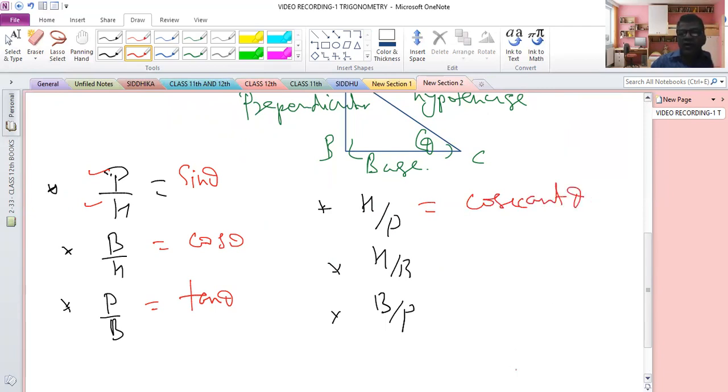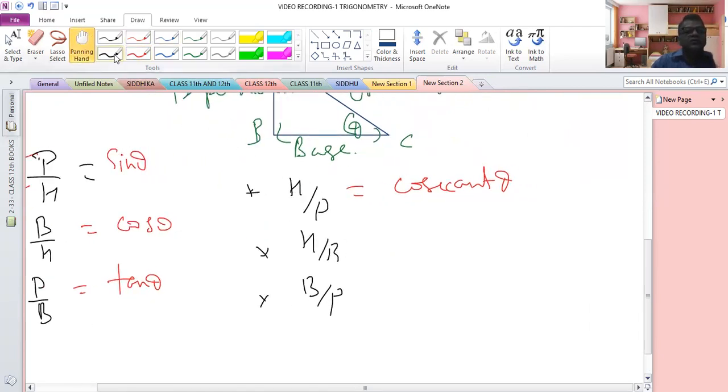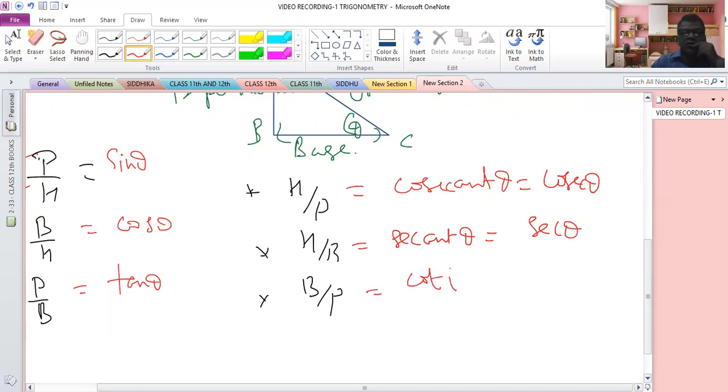And in short, we write it cosec theta. Similarly, the ratio between hypotenuse and base is known as secant theta. And that is your sec theta. And the ratio between base and perpendicular is known as cot theta.